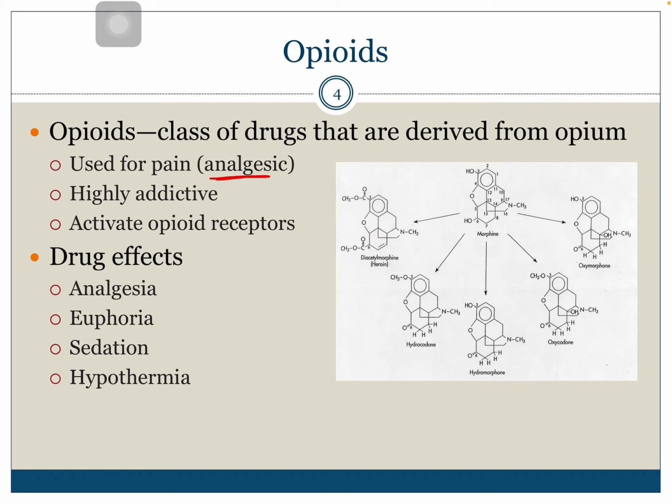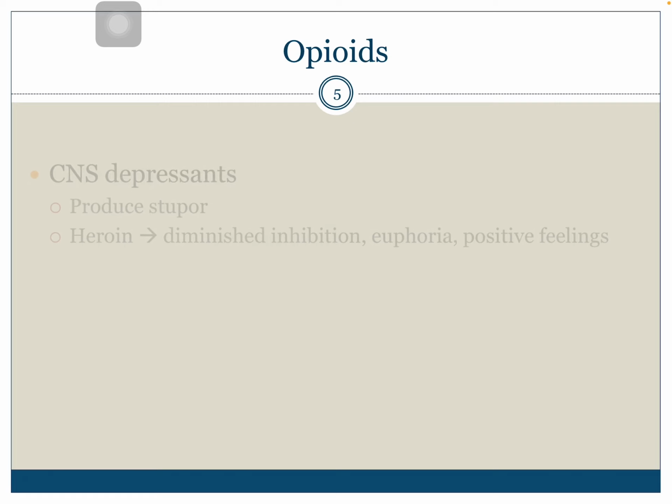And especially in the cases of overdose, it can cause hypothermia. The areas of the brain that it responds to are also important for thermoregulation and temperature regulation, so you can actually experience drops in body temperature as a result of taking the drug.